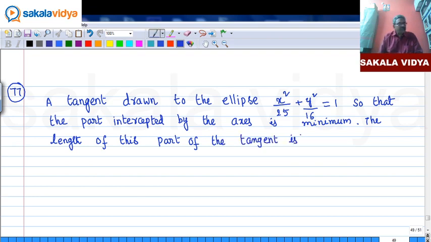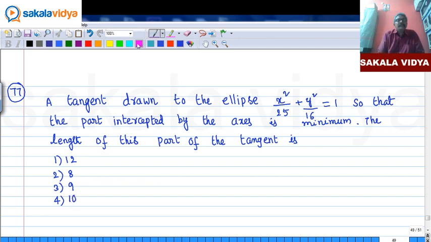First read the question. The first option is 12, second option is 8, third option is 9, fourth option is 10. This is the question.